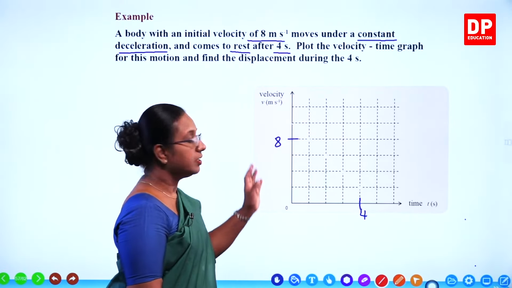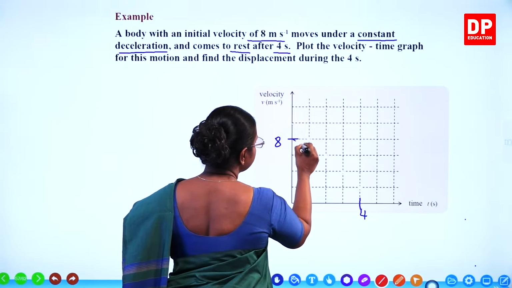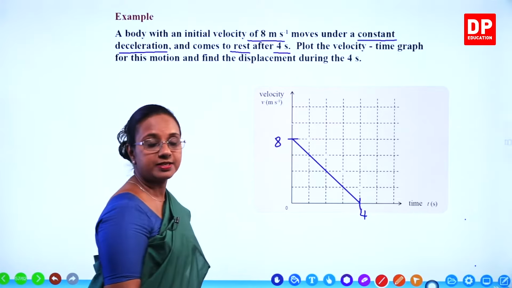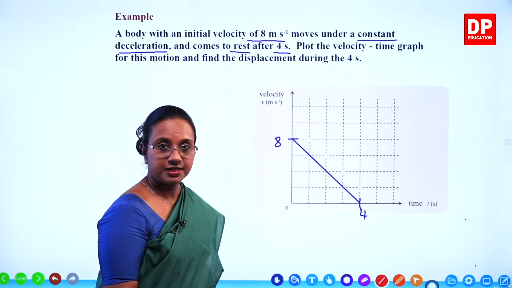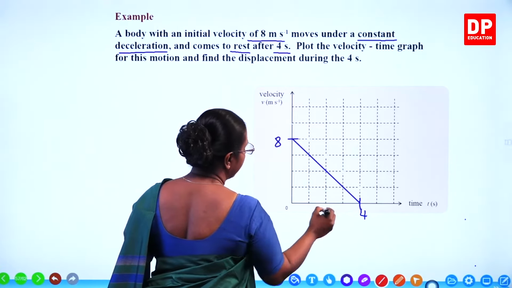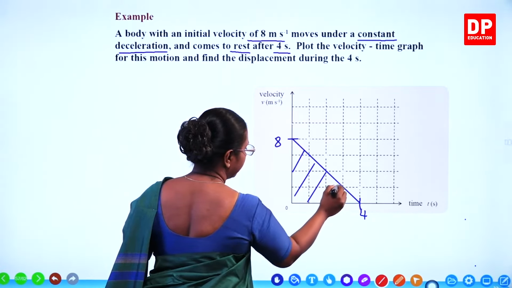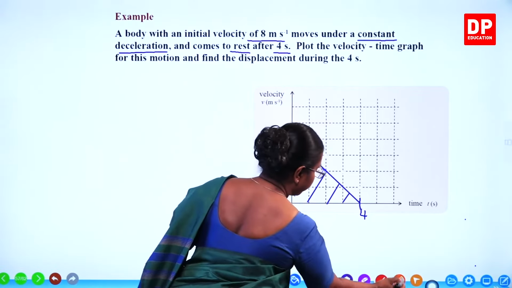So if we plot the graph, it will start from 8 meters per second and come to 0 meters per second at the end of 4 seconds. And we will have to calculate the area under this triangle. If I mark it, it will be the area under this triangle.